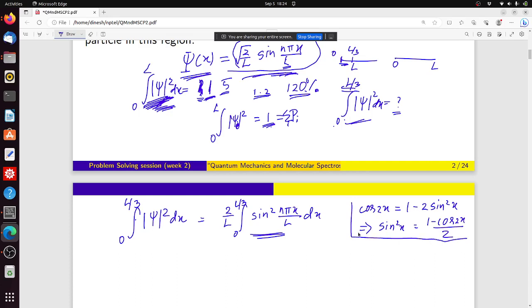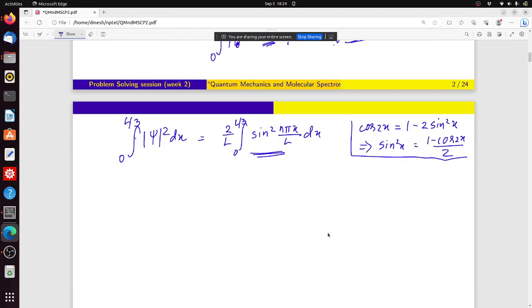I assume you guys are from BSc level, so I am doing every step. So we can substitute this here. We will substitute (1 minus cos 2n pi x over L) by 2.